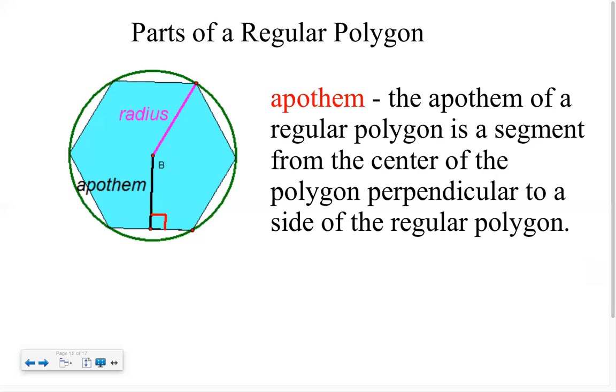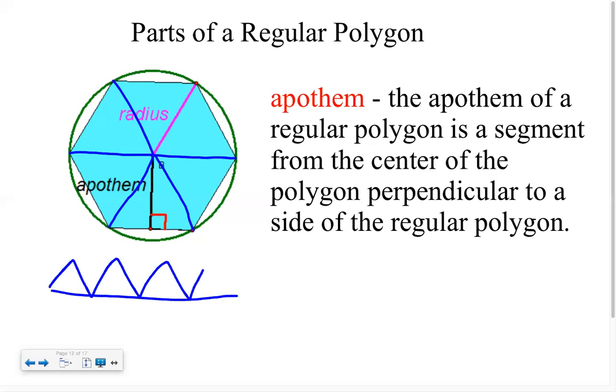Now, I don't have one of these drawings prepared, but there are some explanations of how to find the area of a regular polygon. What they do is draw all the radii, and basically unroll the polygon so that it looks like this.